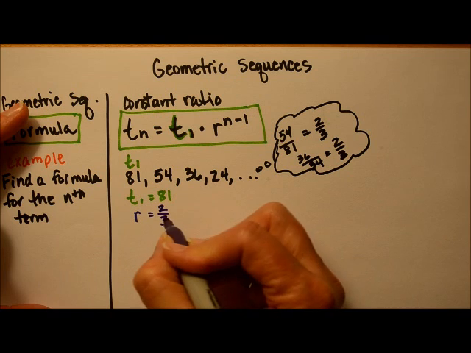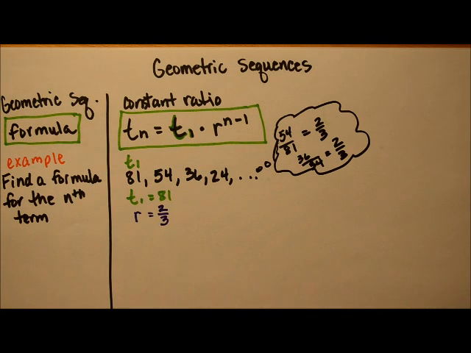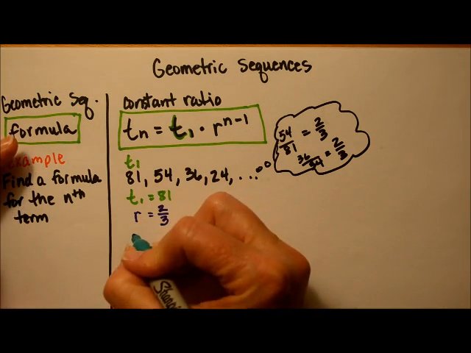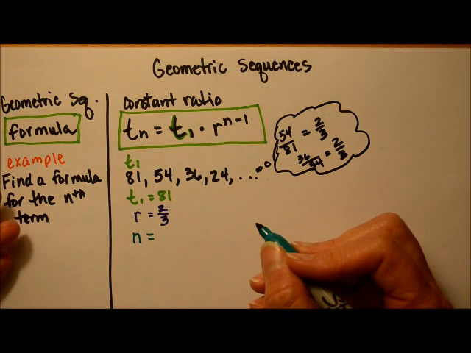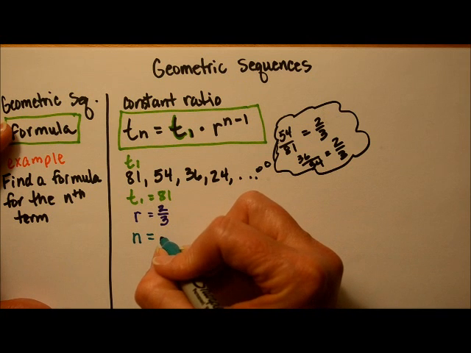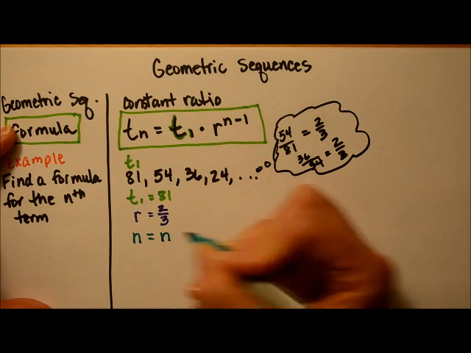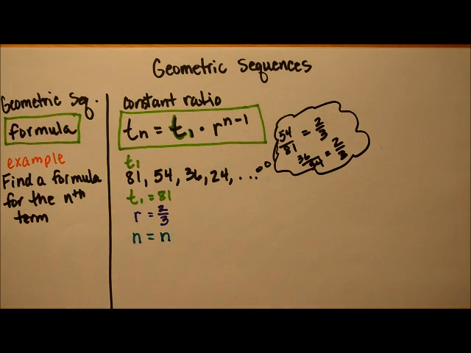So R is 2/3. The other thing I need is N. But for this problem, they want me to find the nth term. So n is just going to equal n. Okay. I'm going to plug everything in and I'm done.